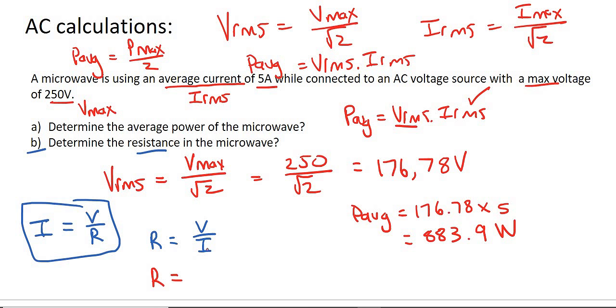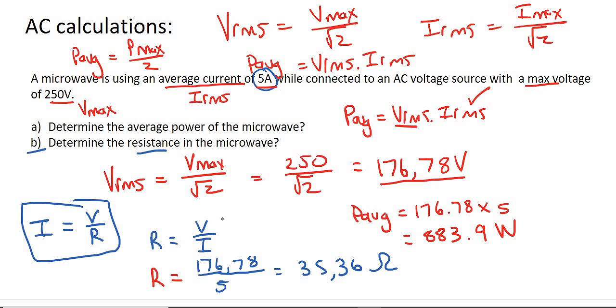So that's going to be voltage RMS, which we said was 176.78, divided by the current RMS, which is 5. And that will give you 35.36, and resistance is measured in ohms. If you chose to use the maximum values, you would get the exact same answer.